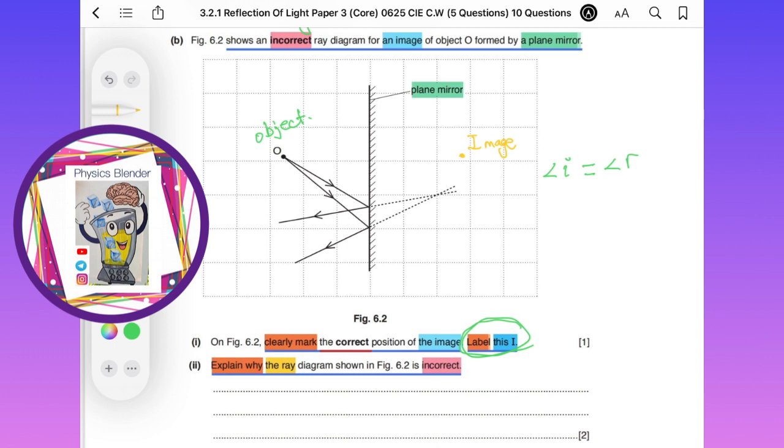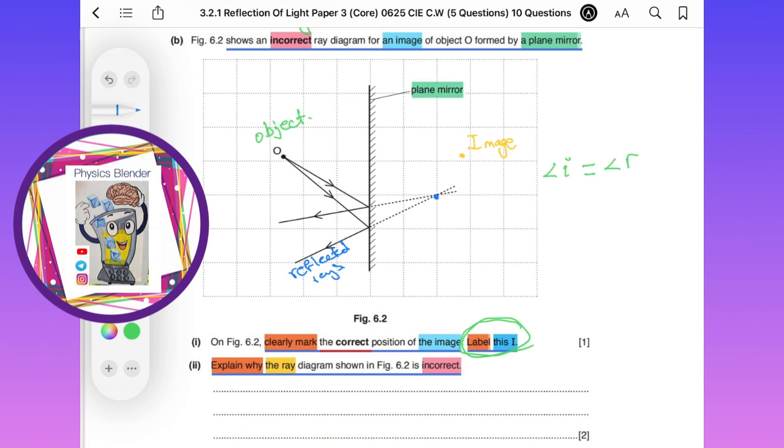The extension of the reflected rays should meet or intersect at a point which will be the position or the location of the image. So this is the point which is incorrect.